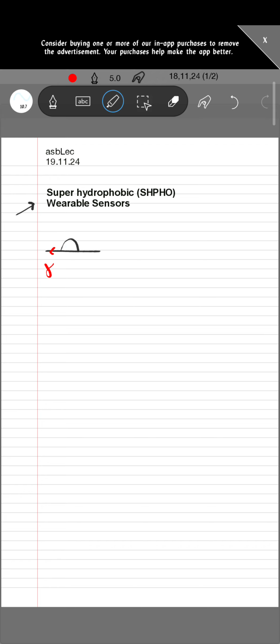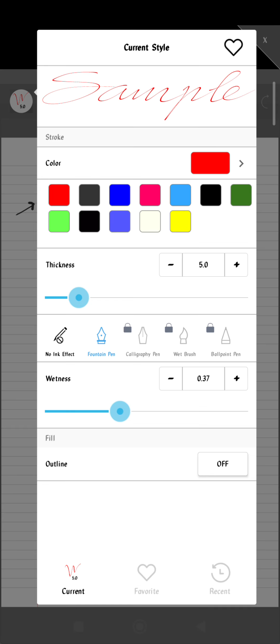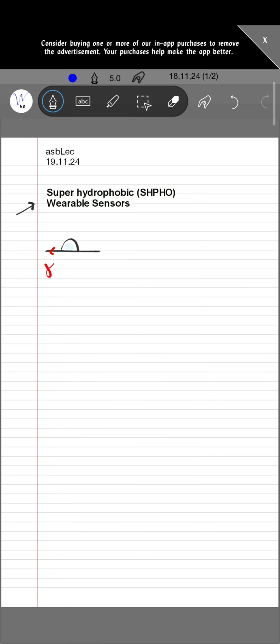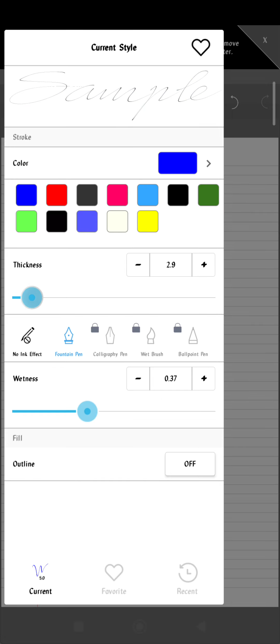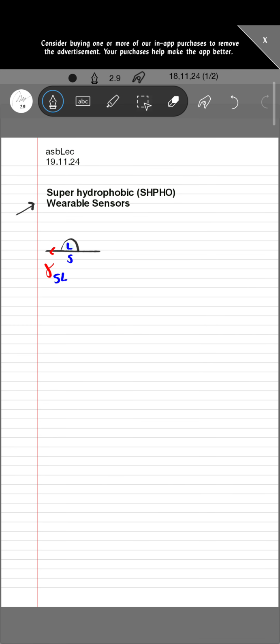So this is the liquid state, and this one here is the solid state S, and this is L. So the surface tension between the solid and the liquid is gamma SL or LS. Similar to that, we will have surface tension existing between the solid and the gas.